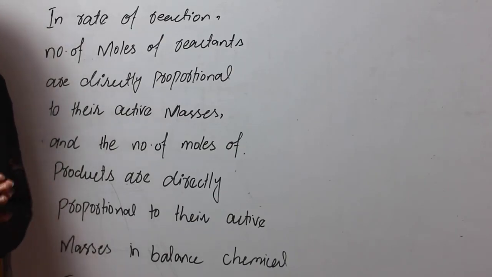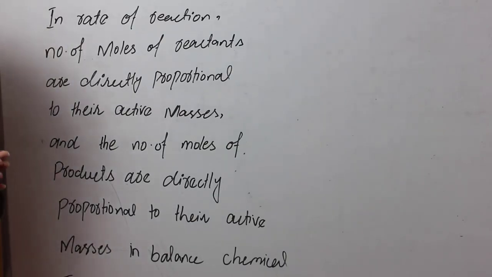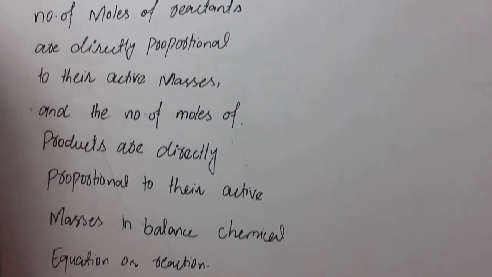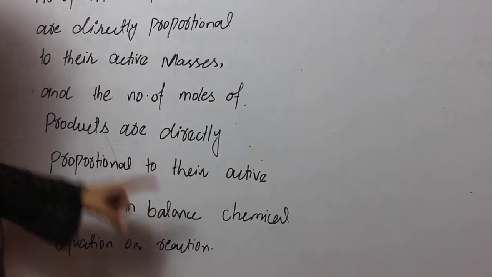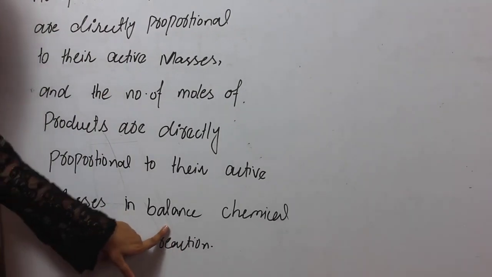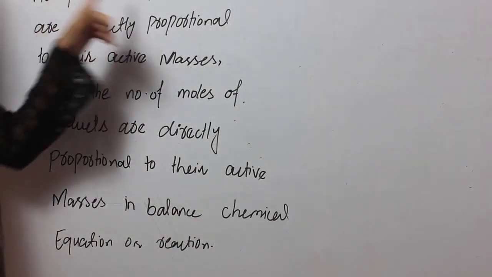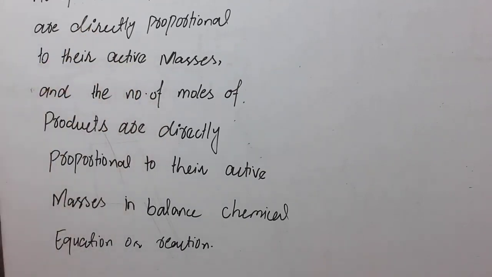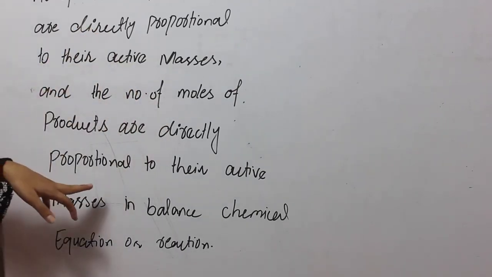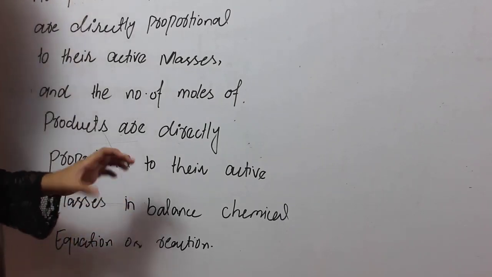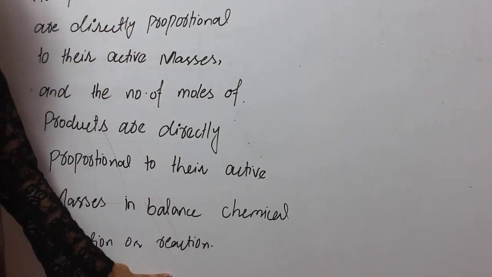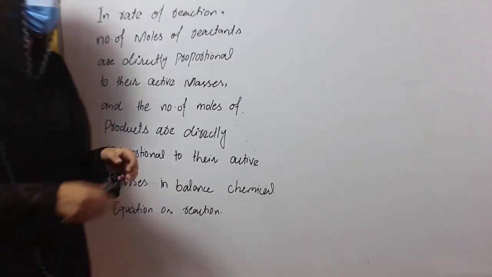If we don't have a balanced equation, then we can't apply the law of mass action on it. In a balanced chemical equation, the number of moles of the reactants are directly proportional to their active masses, and the number of moles of products are directly proportional to their active masses. Okay, now we are going to start the derivation.